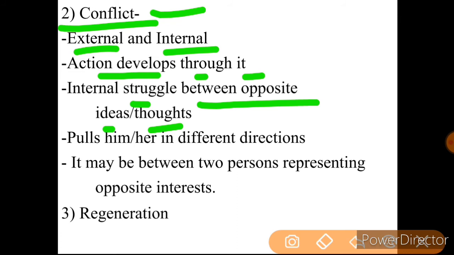The hero is one of the two persons or belongs to one of the two groups, and this is the external conflict. There may be also an internal struggle in the mind of the hero between two opposite ideas, two opposite interests or thoughts which pull him in different directions.